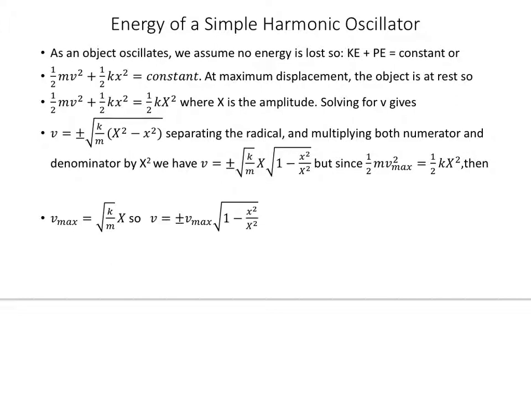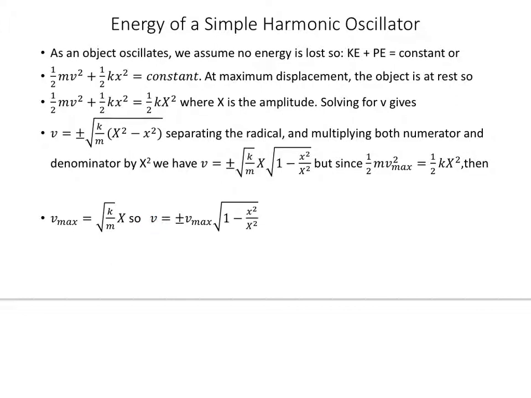Now, since 1/2 mv squared, this would be the maximum kinetic energy when the potential is 0, must be equal to the maximum potential energy when the kinetic is 0. So this must be true, and therefore we can solve for Vmax, and we get this. And now we can take this expression right here and substitute Vmax right here.